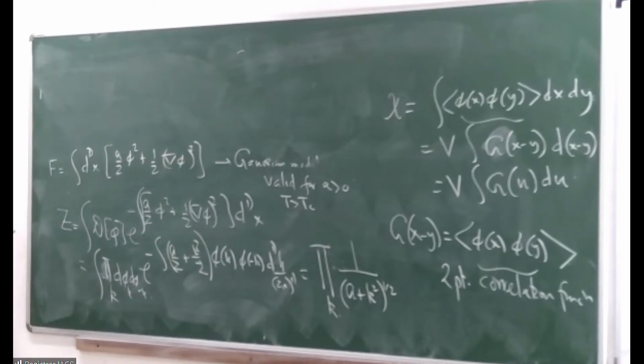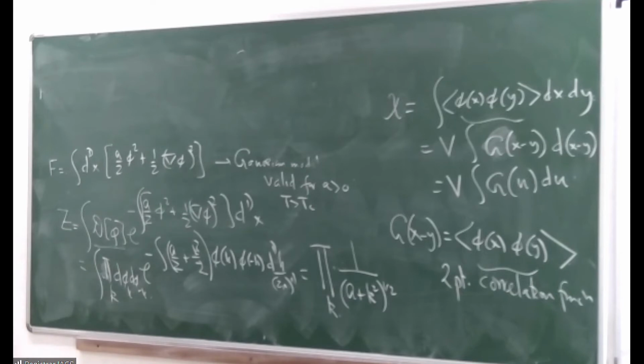So how do I go about calculating? As you have realized, in doing this I changed to the Fourier space, which made life much simpler, because this whole concept of sum, integrate over all possible functions, I could make sense of in Fourier space, where I could say that it is just integrate over all phi k and all phi minus k. You will generate the entire set of functions phi.